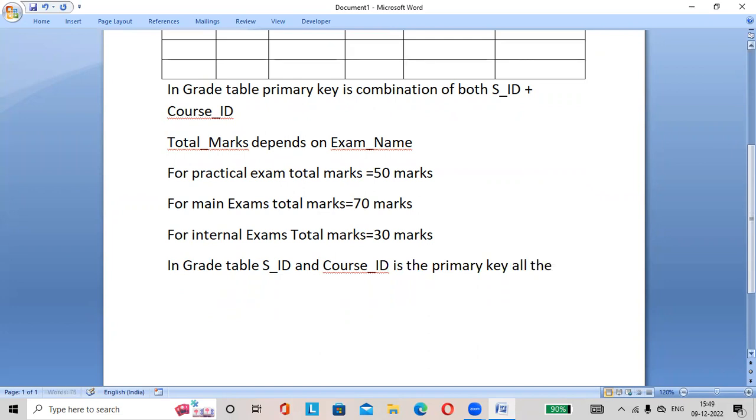All the other columns depend on primary key except total marks.